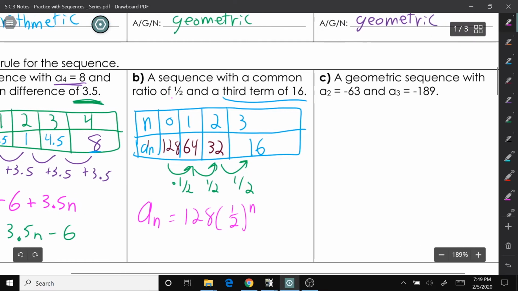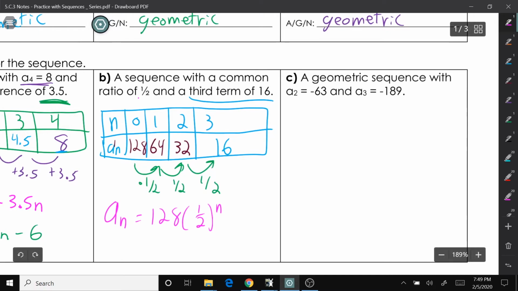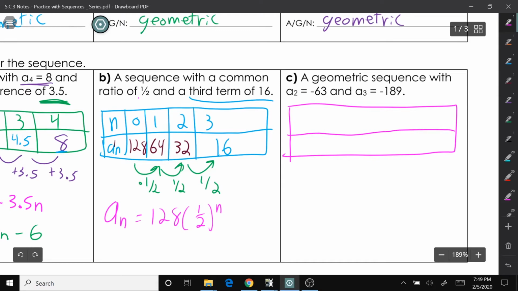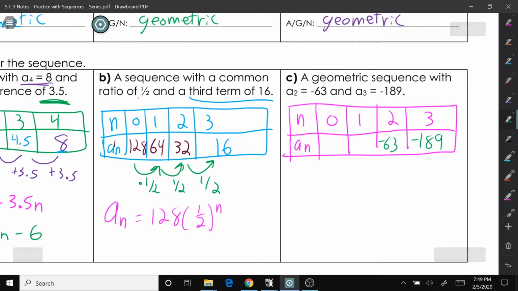Alright, now letter C. For letter C, we have something a little bit different. We have A2 and we have A3. We got negative 63 and negative 189. So what we need to do is find what we are multiplying by each time. And I say multiplying because it says that this is a geometric sequence.